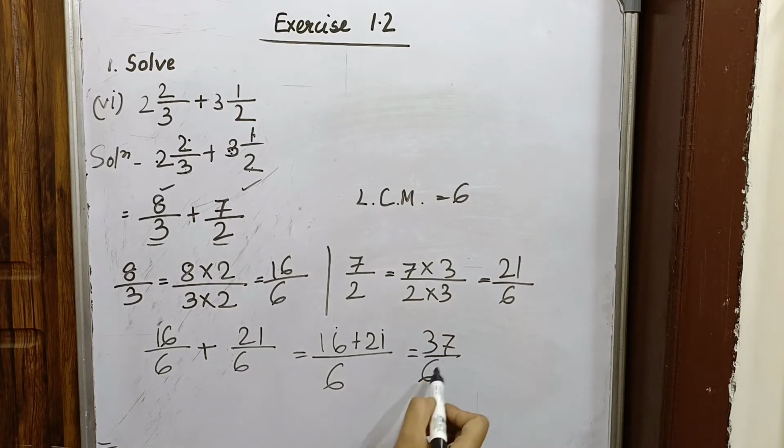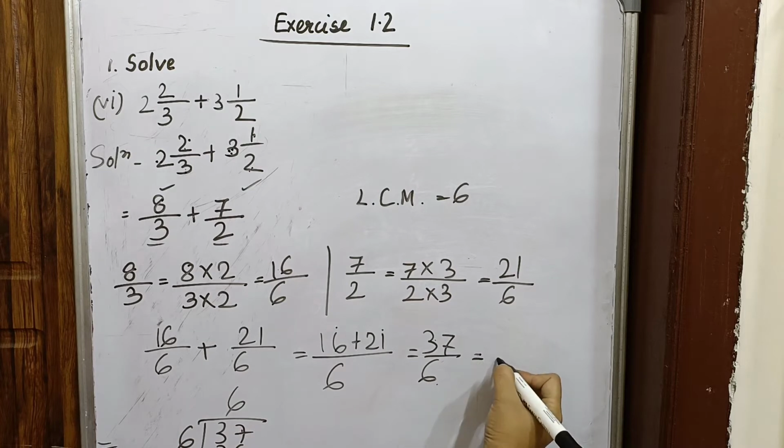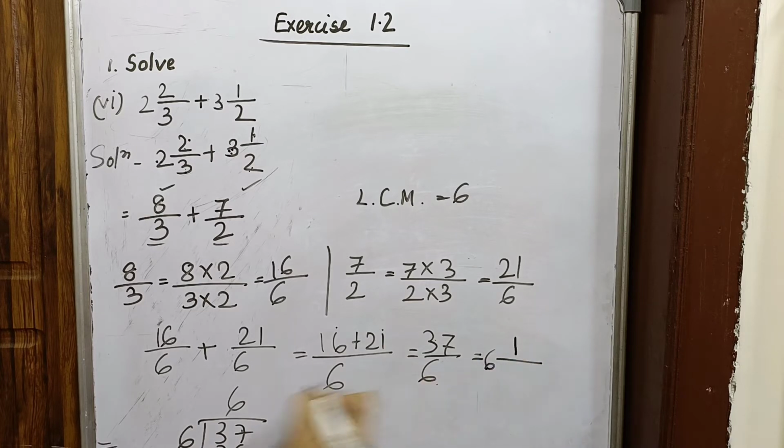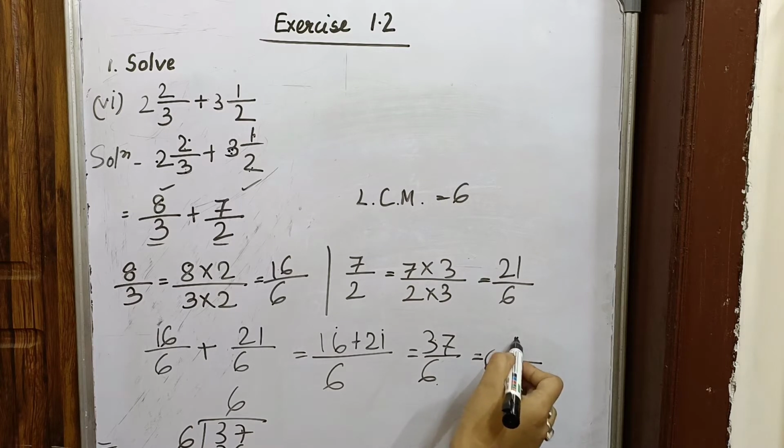Divide 37 by 6: 6 sixes are 36 and the remainder is 1. So you write 6 with remainder 1 over 6. In either way, the answer is right.